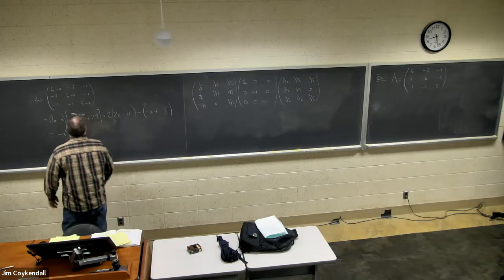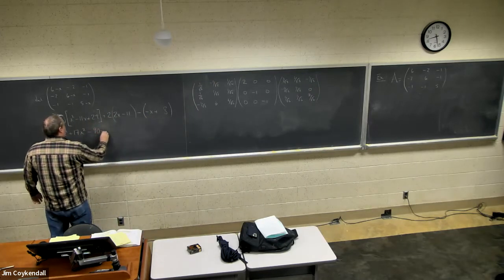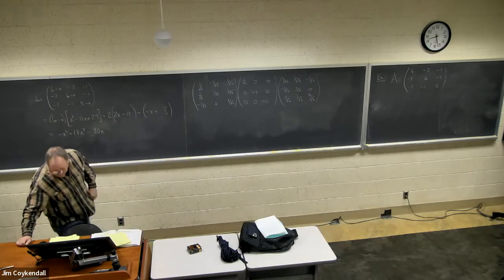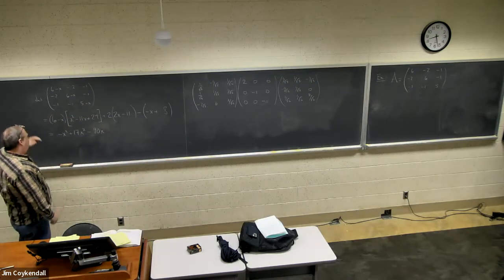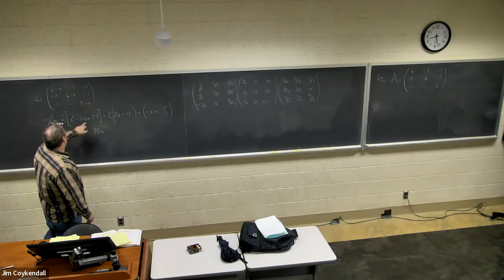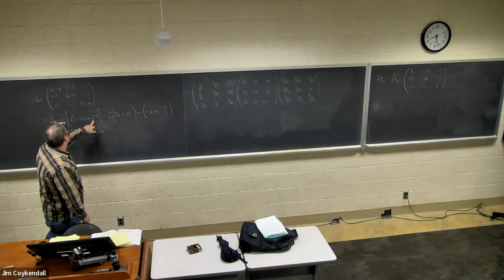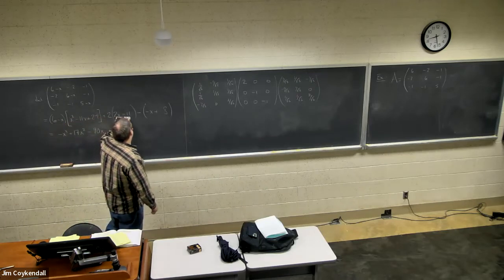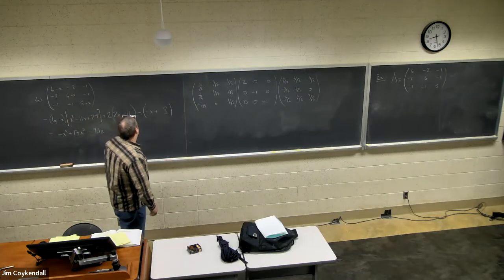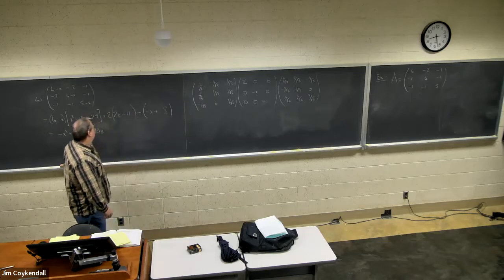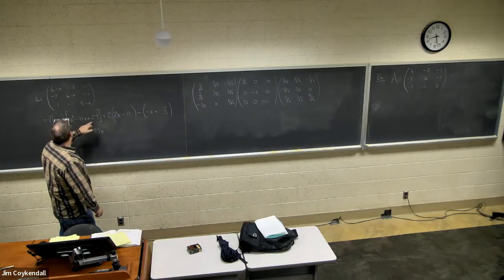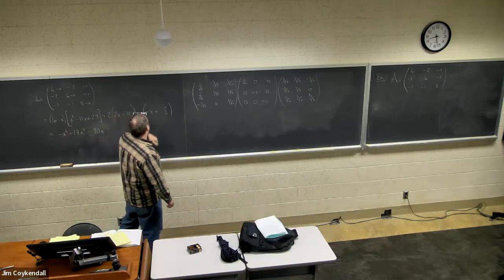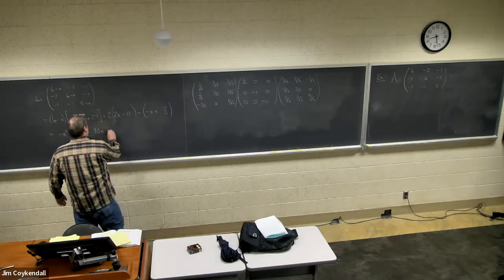Plus 1 is minus 90x. And finally, the constant term, let's see, that's 174 minus 22 is 152, minus 8 is 154.